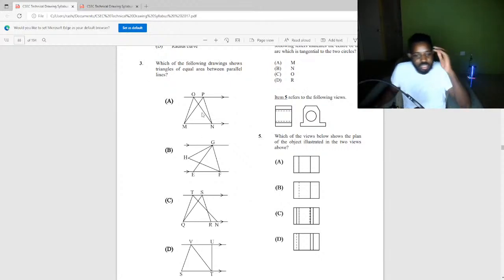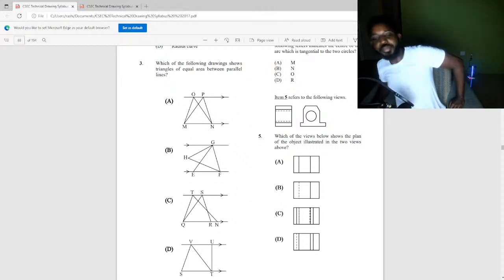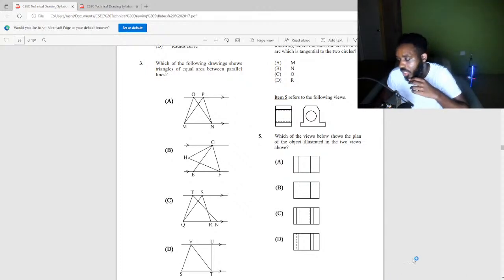Let's go through the process of elimination. For B, you can clearly see that these triangles don't have equal area. Alright, so A, you're saying A.